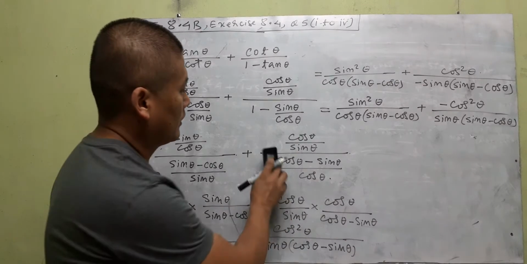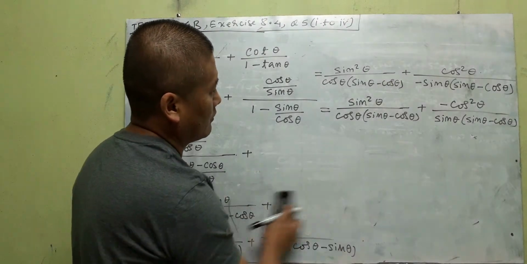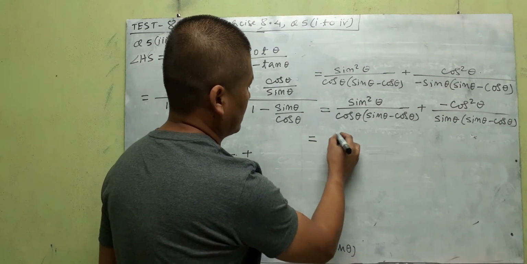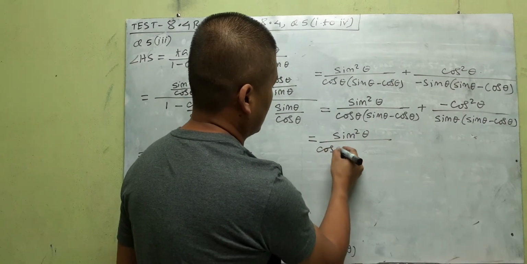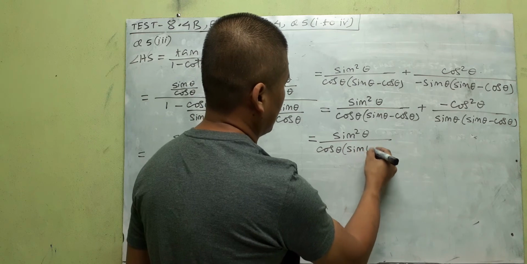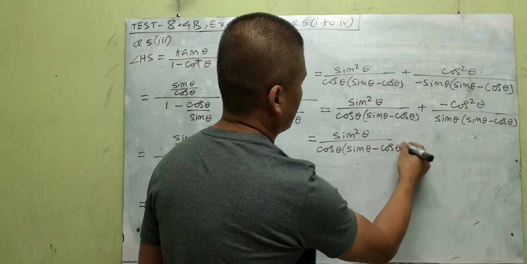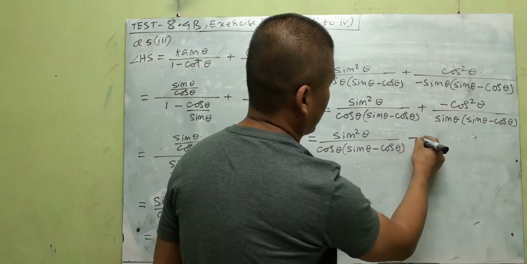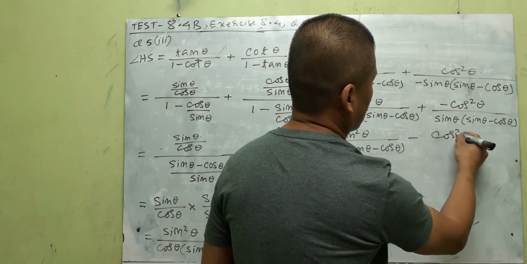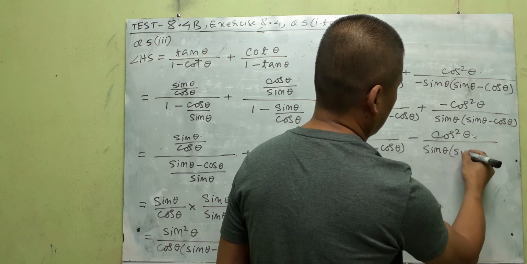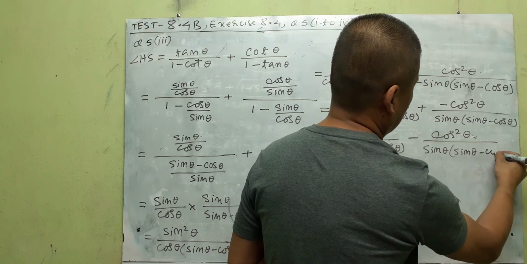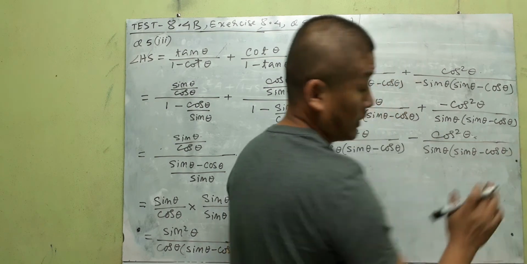Now, next step, we can just write down here sin square theta by cos theta into sin theta minus cos theta, same thing. Plus into minus is minus cos square theta by sin theta into sin theta minus cos theta, okay?